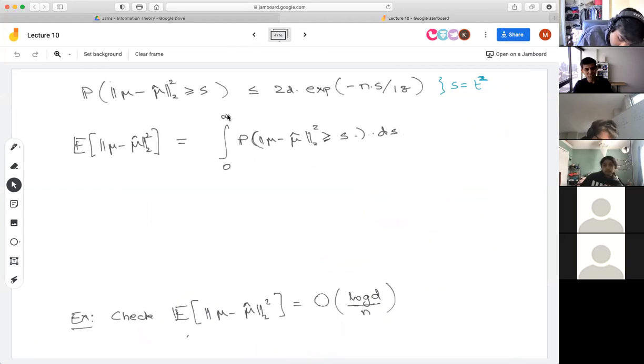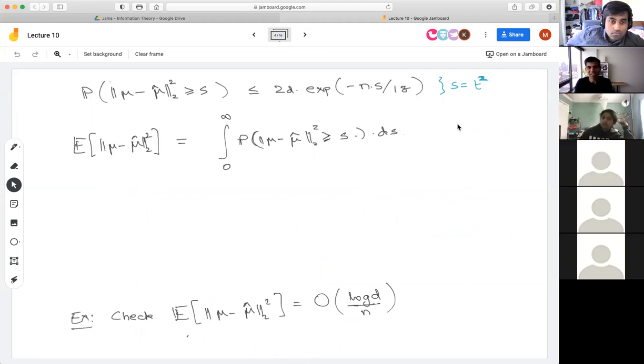Instead of saying the 2 norm of mu minus mu hat is large, I'm saying the 2 norm square of mu minus mu hat is large. It's just replacing t square by s, just a change of variable.